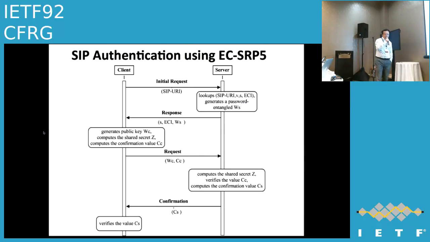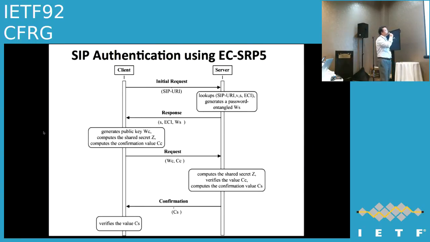Now look at the procedure of secure authentication using the ECSRP5. The client first starts an initial request using the messenger SIP, with his SIP URI.